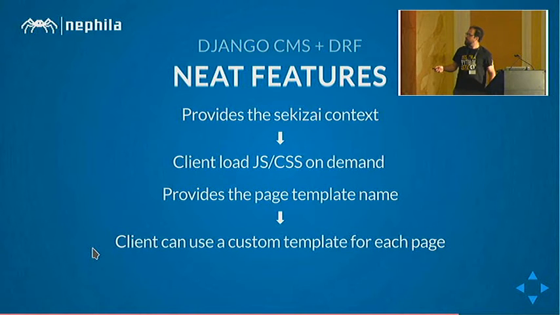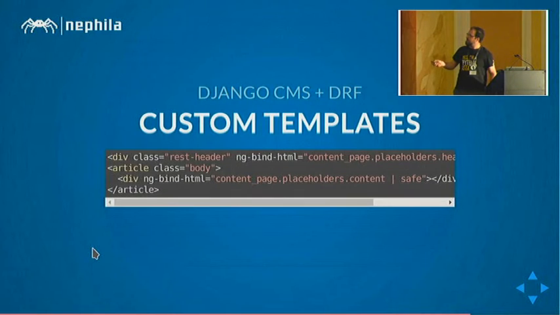And the API provides the page template name, because in Django CMS, each page is linked to a Django template, which describes the page structure, not only the page design. By providing this template name to the client, you can adapt your page template to the actual application you're building.